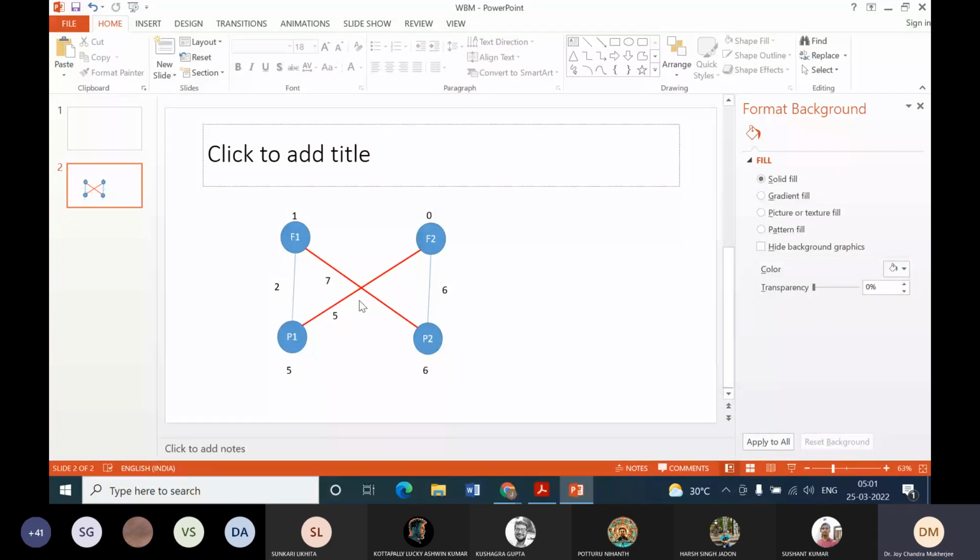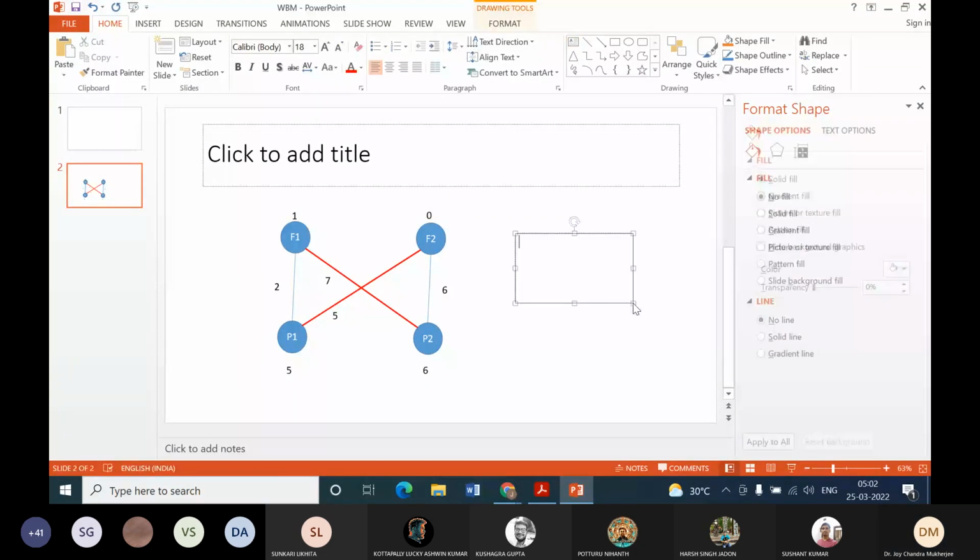So in each case, for each edge, I see that, so these are my Ui's. Okay. So this is U1, U2, this is V1, V2. So I see that for all i and j, Ui plus Vj is greater than or equal to Wij.